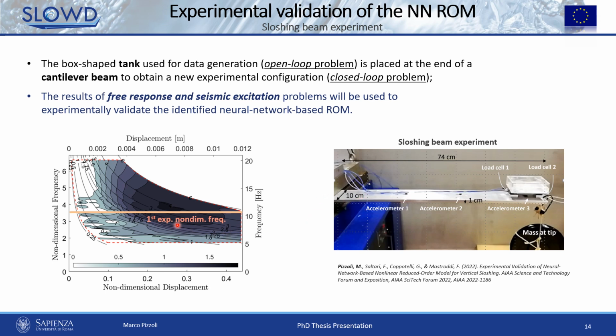So we ensure that the neural network that we identified works and can be used for this kind of problem. And in particular, by performing free response and seismic excitation tests at the base, it was possible to obtain the experimental data to evaluate the neural network performance in a fluid structure interaction problem.